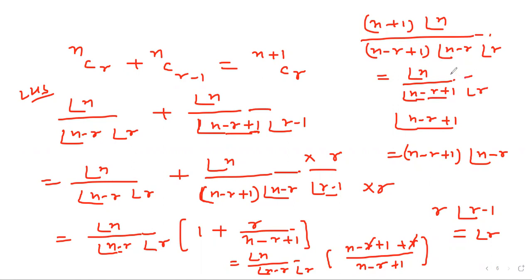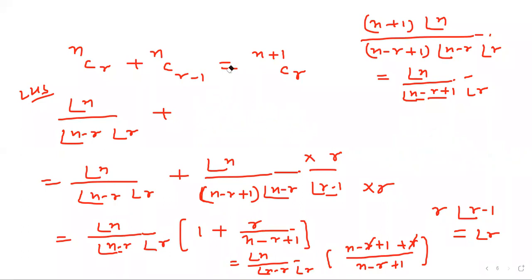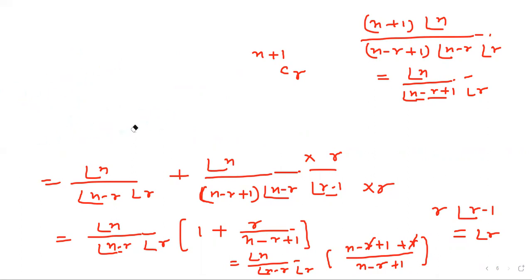And if we expand RHS, the same result we will get. Let's see. RHS will be (N plus 1) CR.